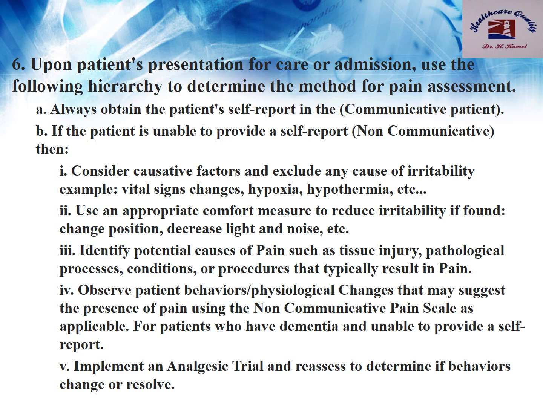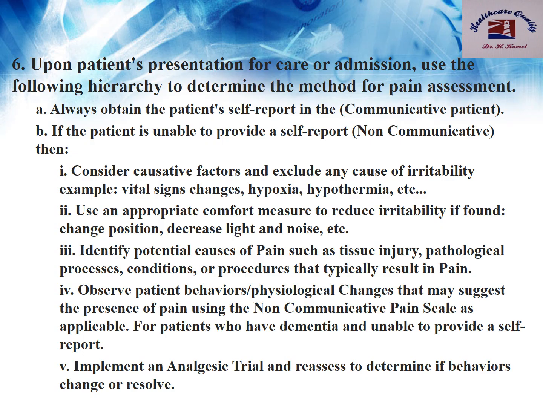Number 6, upon patient's presentation for care or admission, use the following hierarchy to determine the method for pain assessment. A. Always obtain the patient's self-report in the communicative patient.